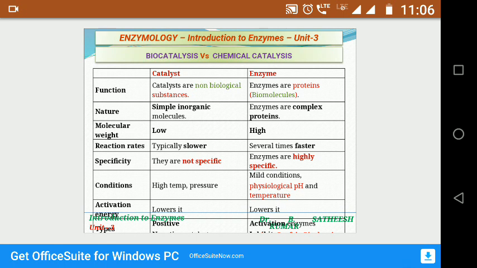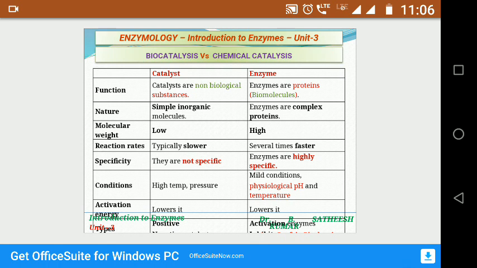Most of the time these catalysts are metal ions, whereas in the case of enzymes, because they are polymers of amino acids, the molecular weight is very high when compared to the chemical catalyst, and the reaction rates are very fast when compared with the non-catalytic reactions.